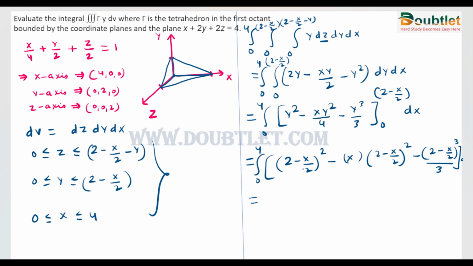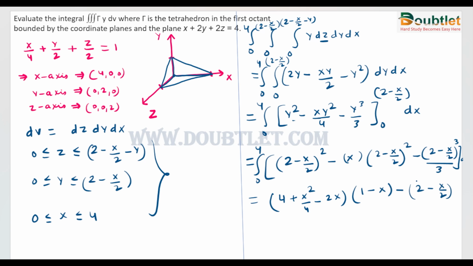Now on further solving, we know that we can take y square common from this and this, so we can write this as 4 plus x square divided by 4. So if we multiply 2 by 4, it will become 2x, and we can write this as 1 minus x minus 2 minus x divided by 2.